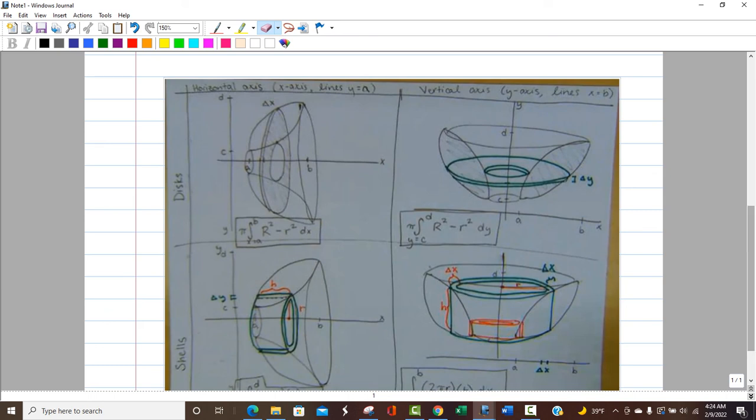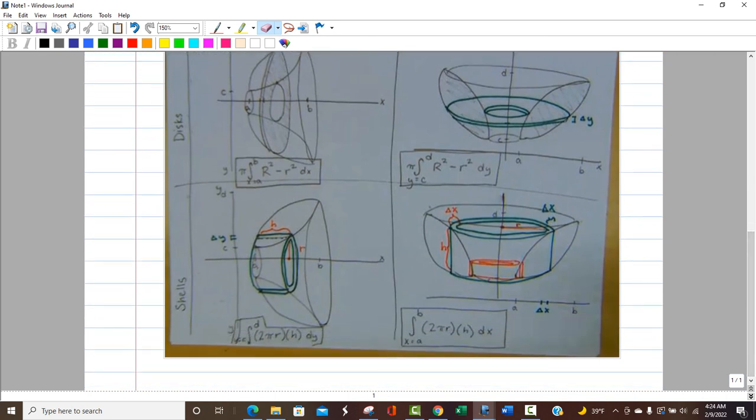The last one would be the same thing, revolving around the y-axis with the shell method. So that means we're going to be using variable x. And you see this dx is the thickness of your shell, like so. Then your radius, which we called p of x, r of x, right there. So that's your 2 pi r, and then here's your height. That's giving you your area, 2 pi rh. That's the area, and the dx makes it the volume.